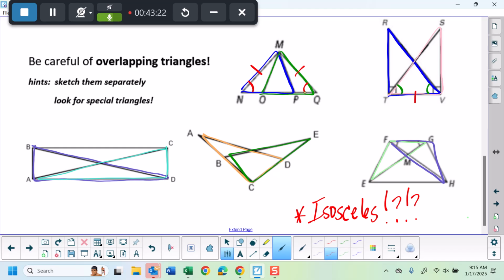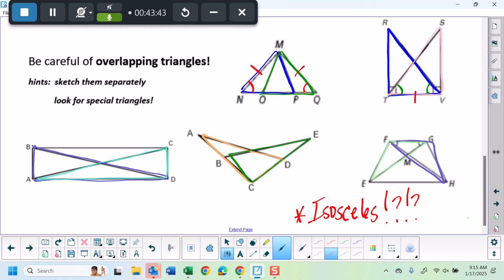Right? So if you're told that the distance from M to N is the same as the distance from M to Q, that gives you one set of corresponding sides, but do you now see that these angles are also congruent because of the isosceles base angle theorem?